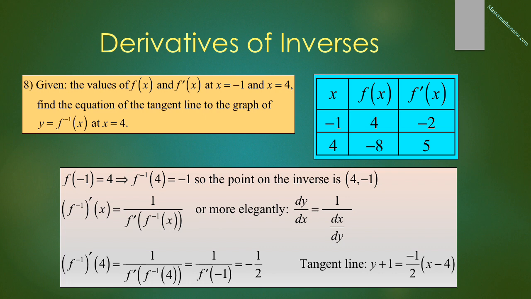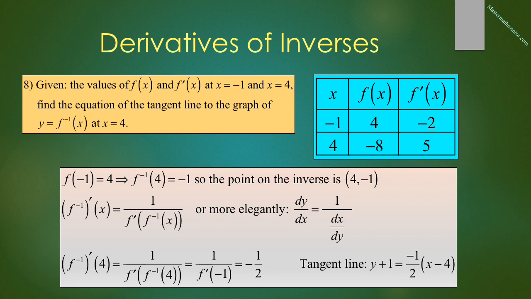We use the information that the inverse function prime of x is equal to 1 over f prime of the inverse of x. This is a formula that was given to you several slides back and probably should be memorized for a problem like this.